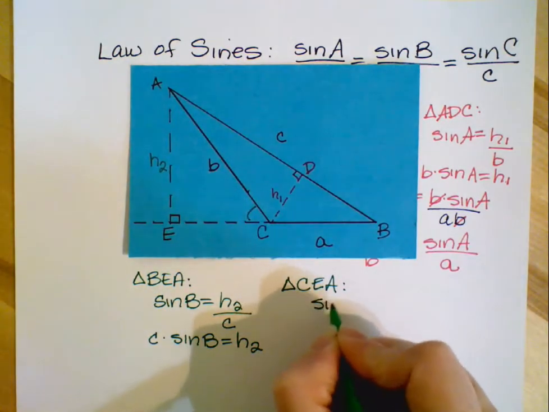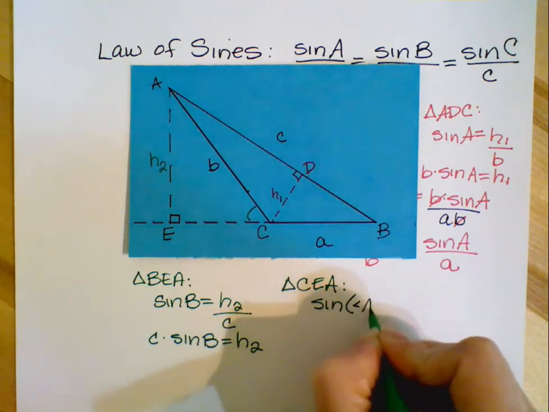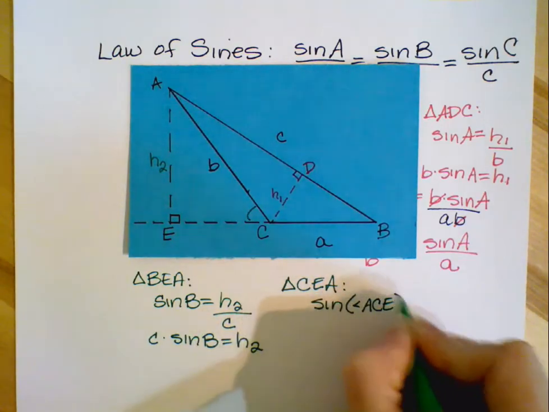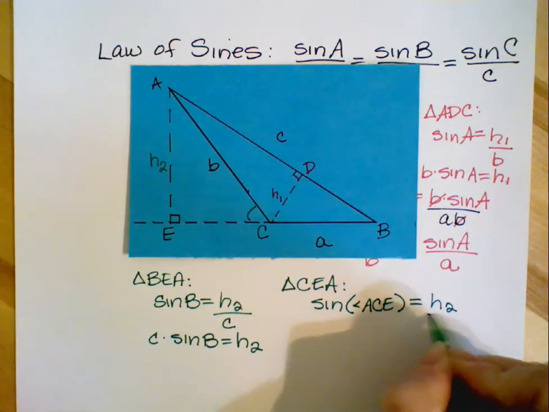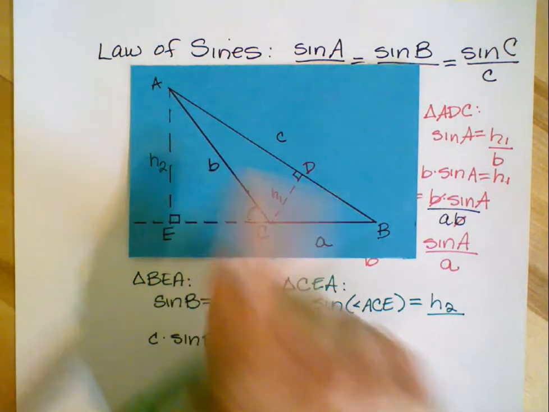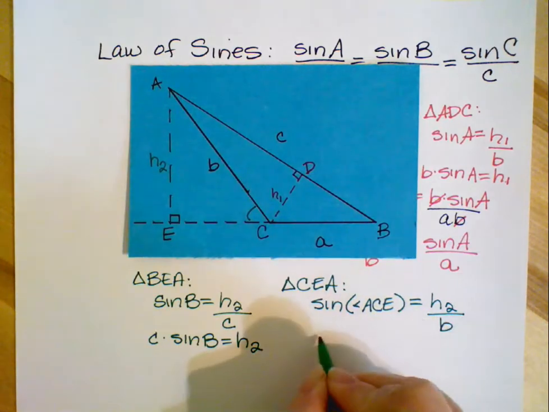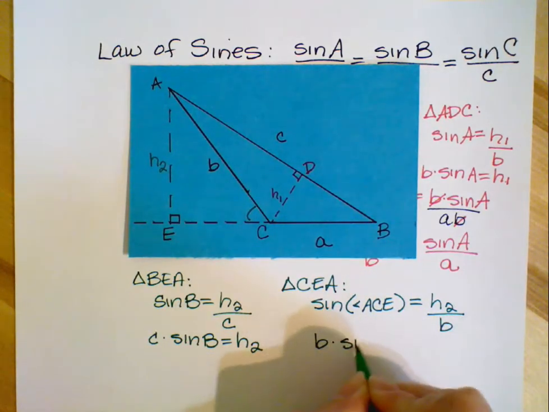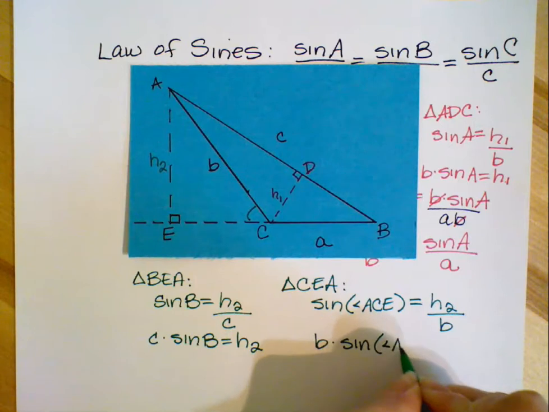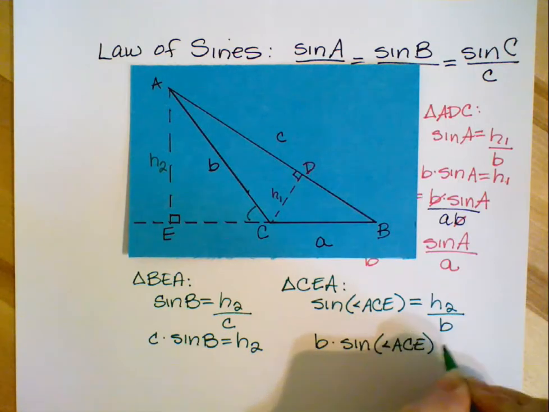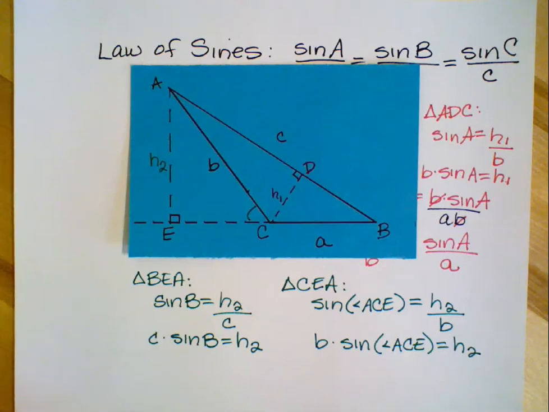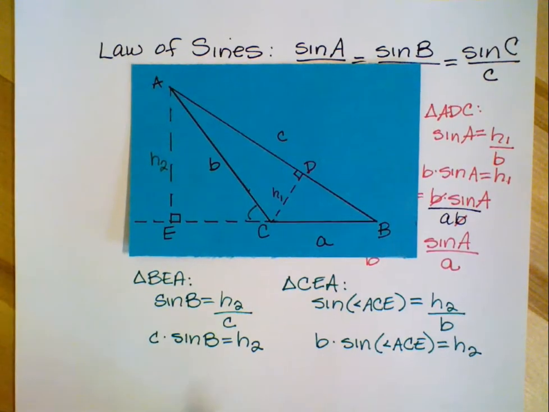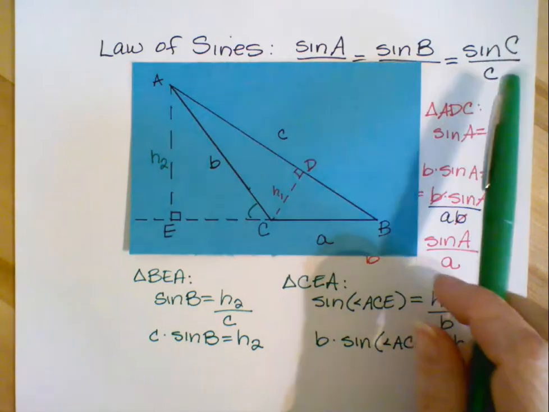So the sine of angle ACE would be the opposite side, h sub 2, over the hypotenuse, which in this case is B. So B times the sine of angle ACE is h sub 2.